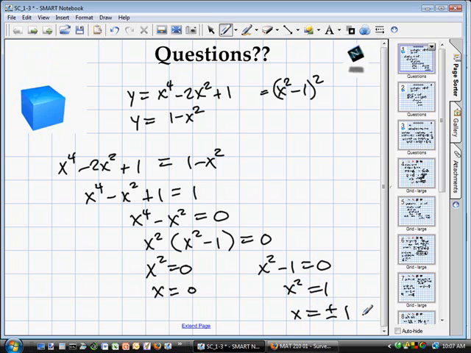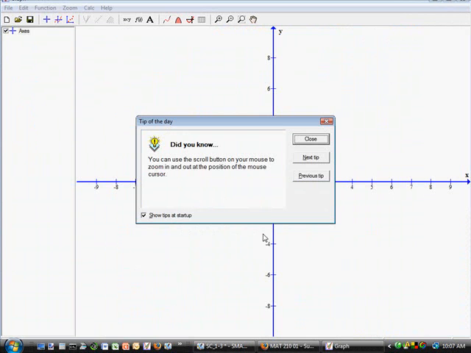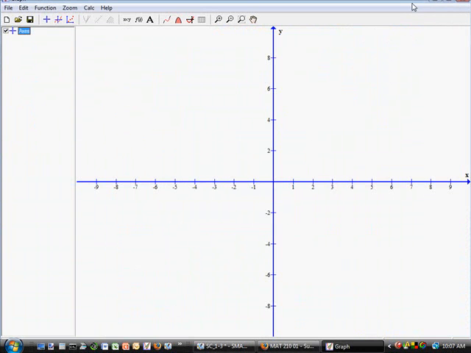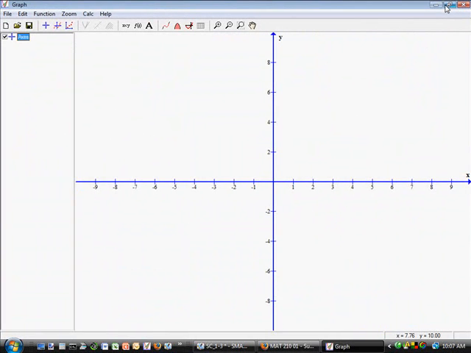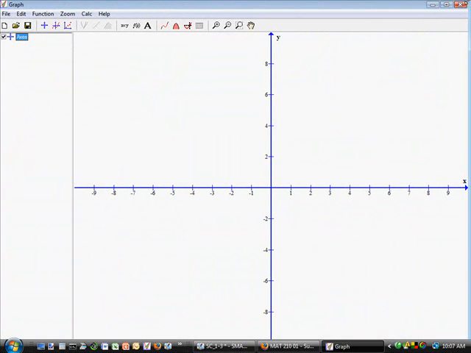Now we're supposed to check automation to see how this looks. So I'll just take a quick look here. x to the fourth minus 2x squared plus 1. Trying to make this smaller.